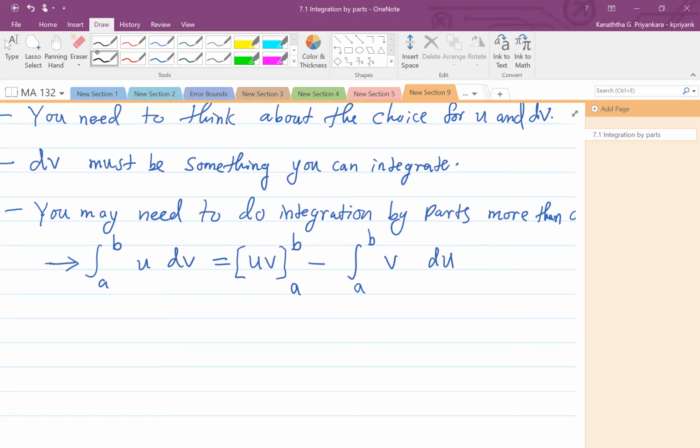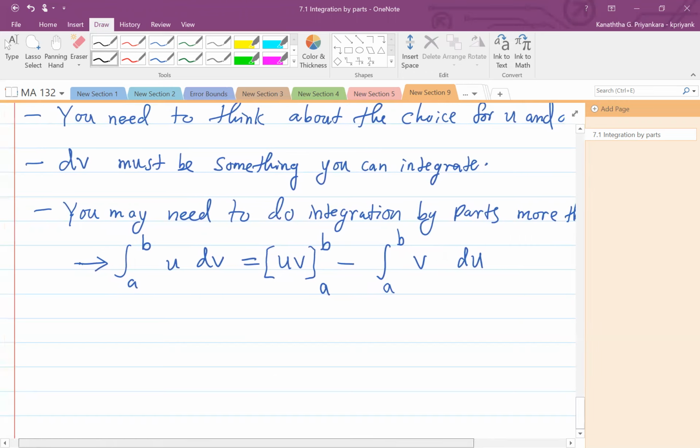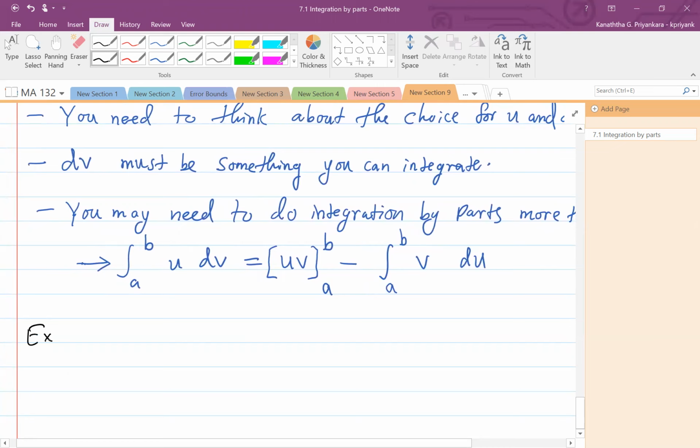First example, evaluate the integral of x e to the power of 5x dx. In this problem also we have x.